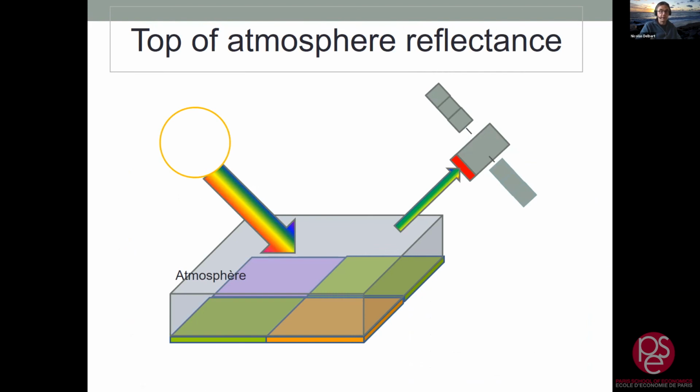From the spectral radiance, we can derive what is called the top of atmosphere reflectance, which is the reflectance of this object, which is the surface, above which there is some atmosphere. And the top of atmosphere reflectance is like having the reflectance of the surface disturbed by the influence of the atmosphere. And what we will see on Thursday is how to go further from this top of atmosphere reflectance.